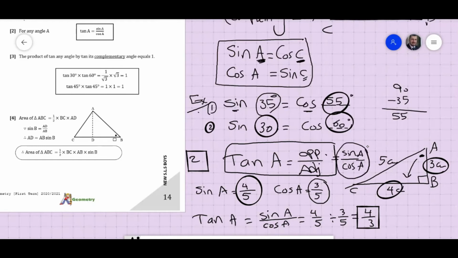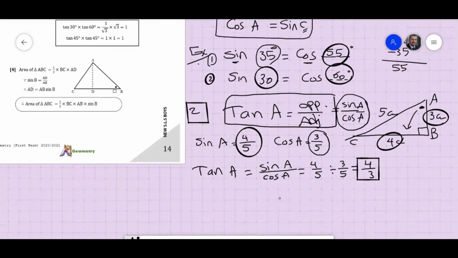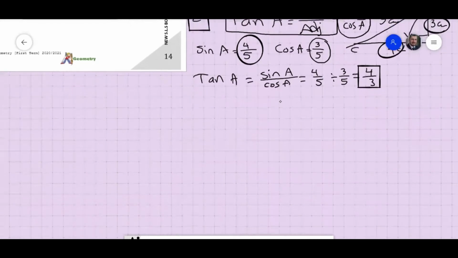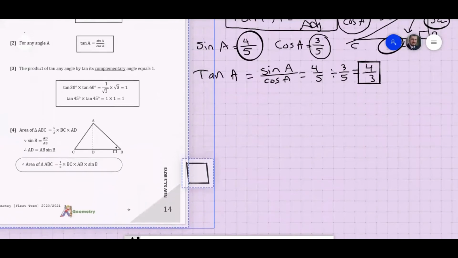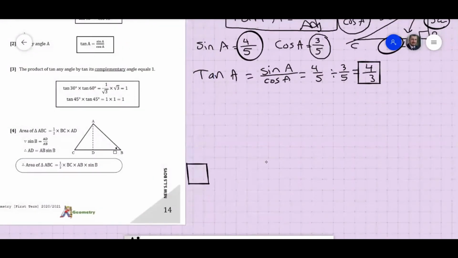Okay, so we have two rules to get tan of any angle. You understand it? The third remark also talks about the two complementary angles.